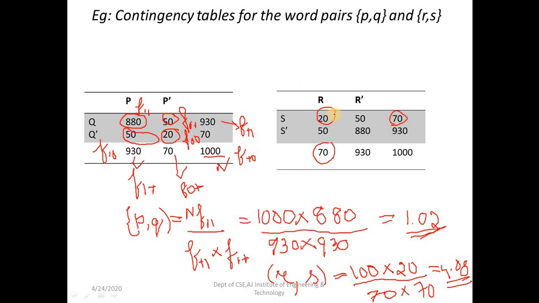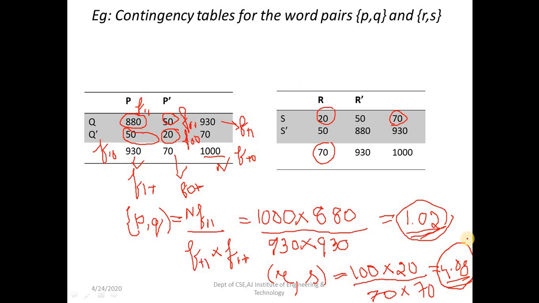Even though the support count of P, Q is greater than that of the word pair R, S, the interest factor for P, Q is 1.02, which is less than the interest factor for the word pair R, S.